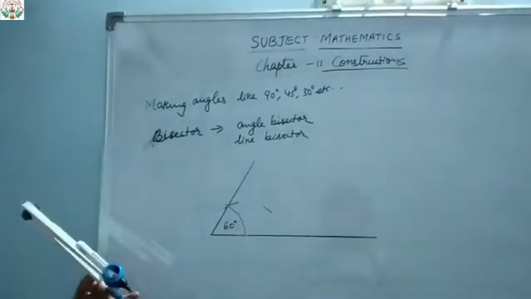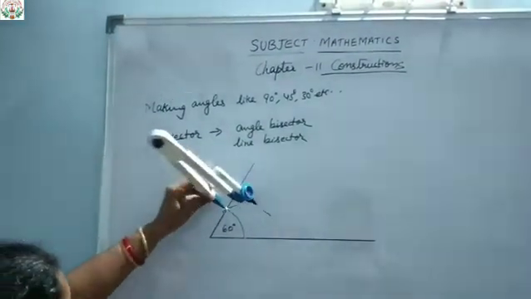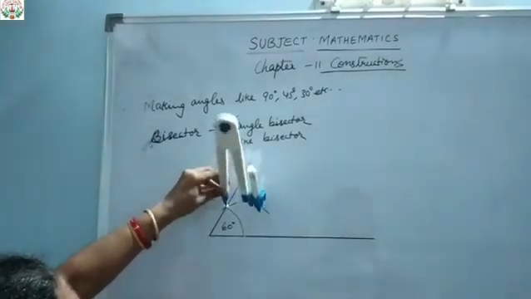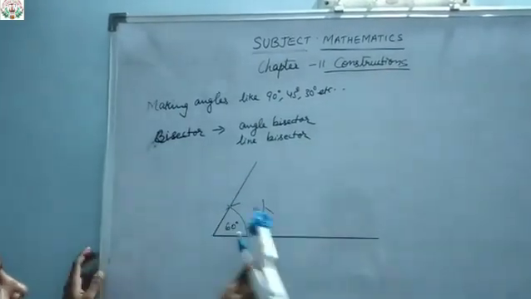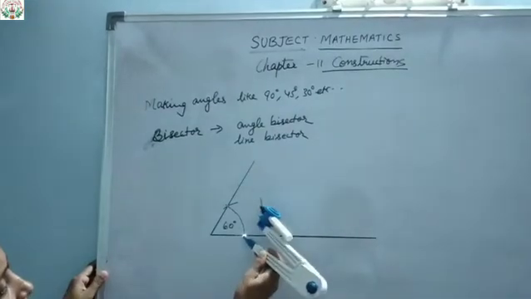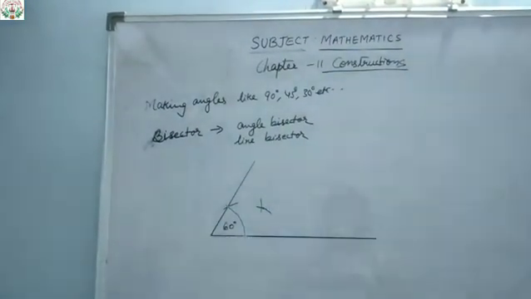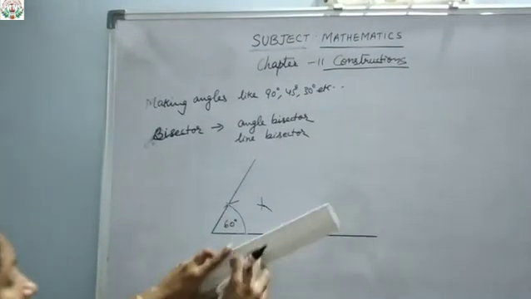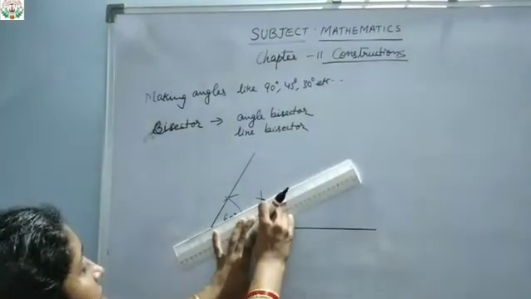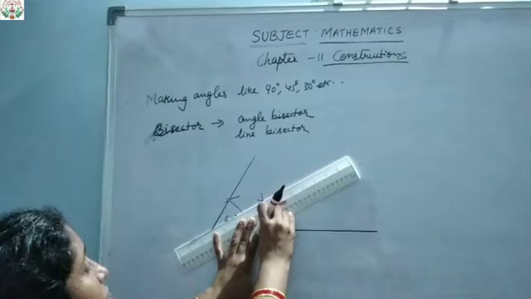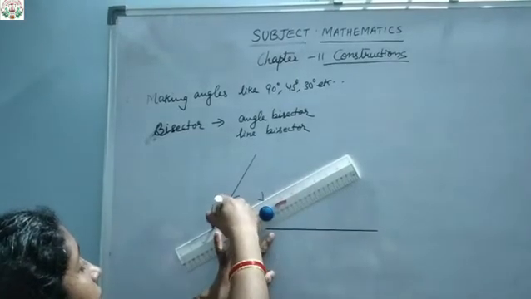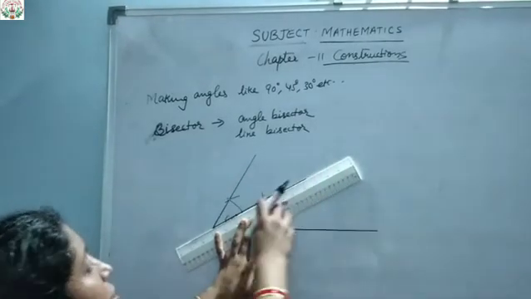On this side keep and draw an arc. Here also keep and draw till it touches the line. As the arc is made, join this with the center of the angle and draw a line.